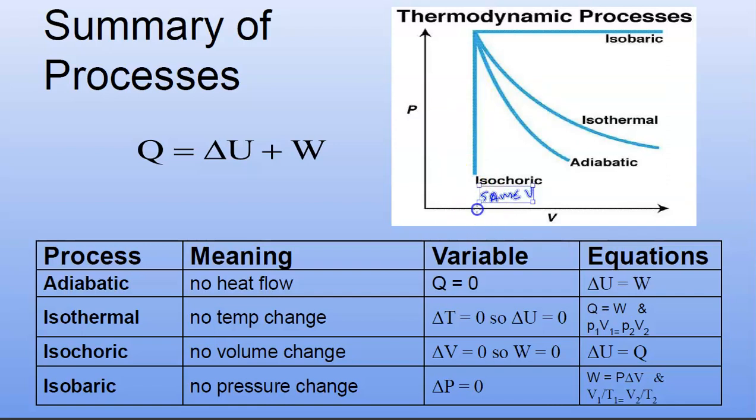It's fixed right there. Okay, adiabatic, the Q equals 0. I'm not adding any heat right there. Isothermal, delta T equals 0. Isobaric, delta P equals 0. I'm not changing the pressure, the temperature, the heat, or the volume, respectively.